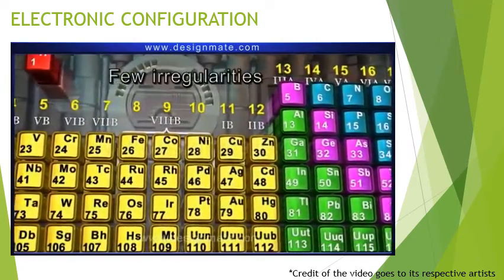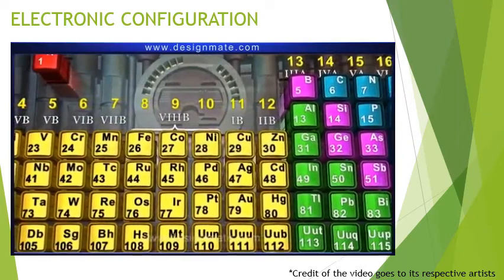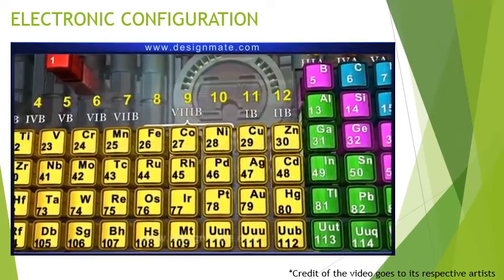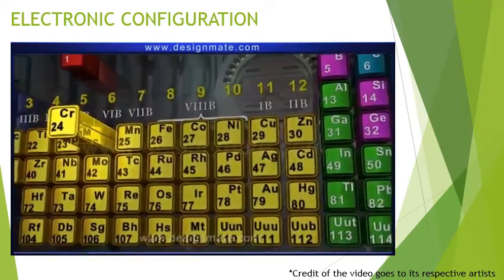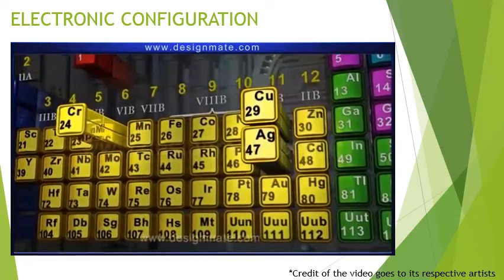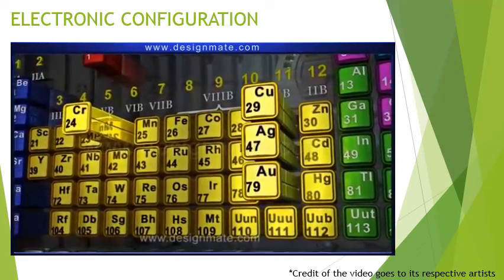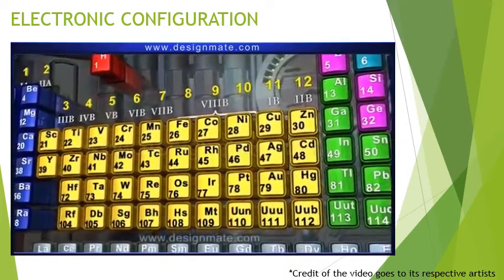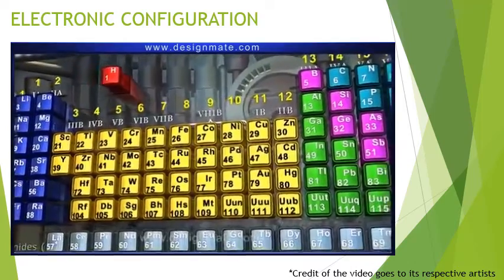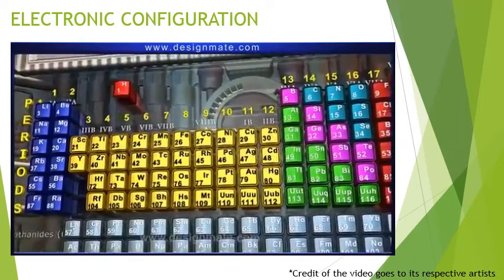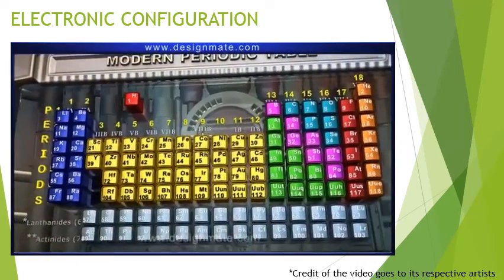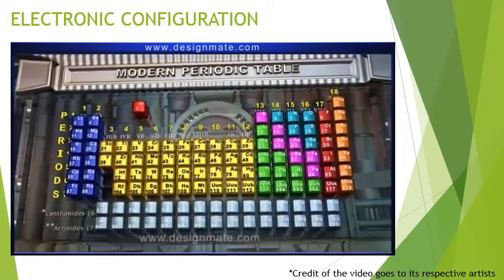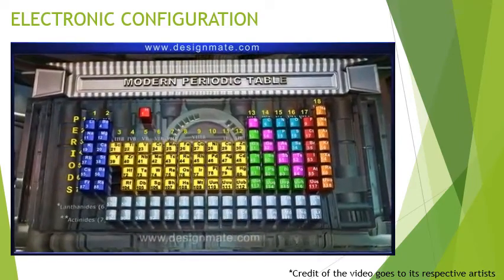However, there are a few irregularities shown by some elements in their configurations, such as chromium, copper, silver, gold, etc., which we will study in a separate topic. Despite these irregularities, it is possible to predict the position of most of the elements in the periodic table from their configurations, and vice versa.